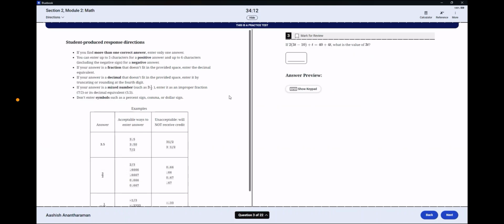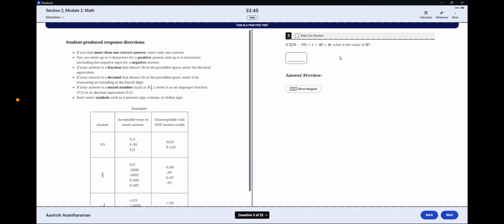Okay. So if this expression is equivalent, what is the value of 3t? What we can do here is start distributing. On the left, it's going to be 6t minus 20 plus t. And on the right, it's going to be 40 plus 4t.